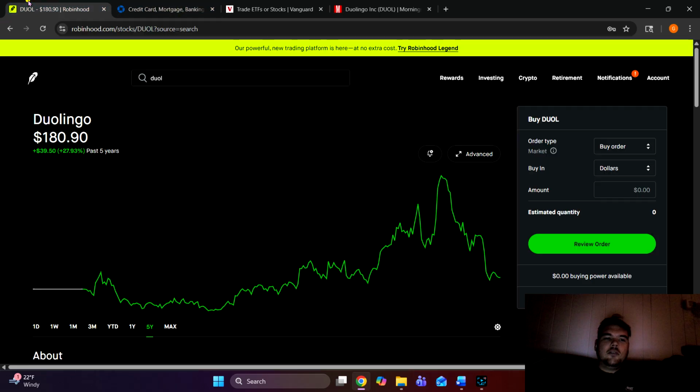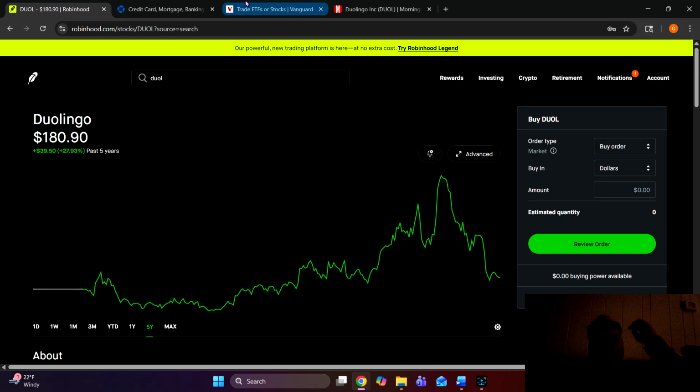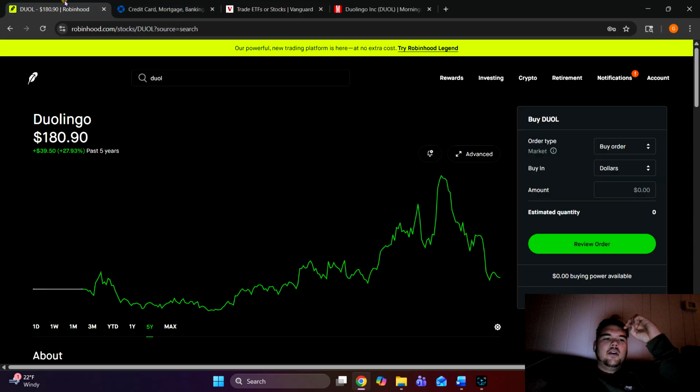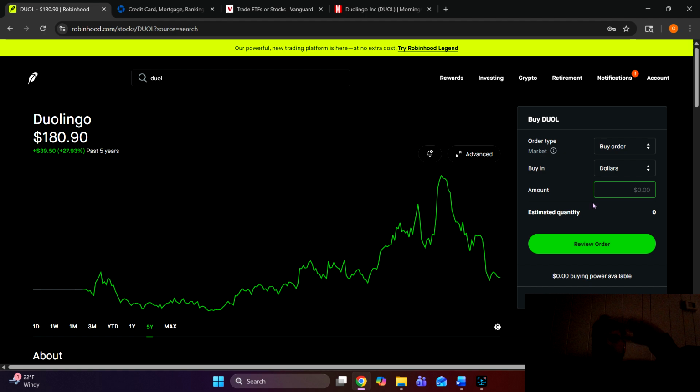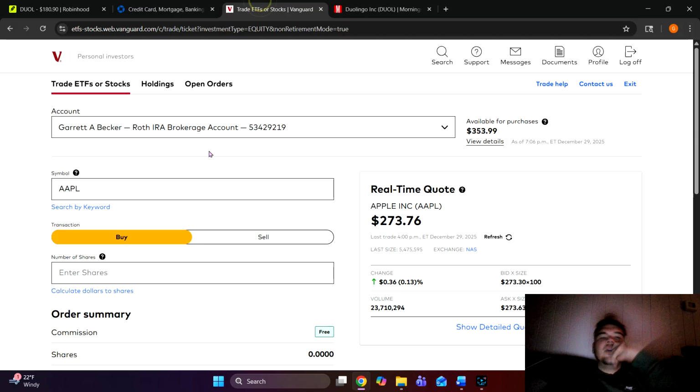Chase also allows you to buy in dollars as well as in shares. But anyway, you'd enter that and then you'd review the order. That's on Robinhood. It can be a little bit different on other brokerages.